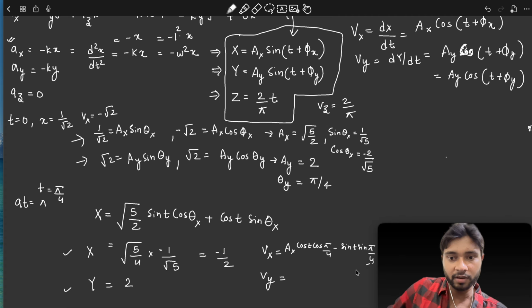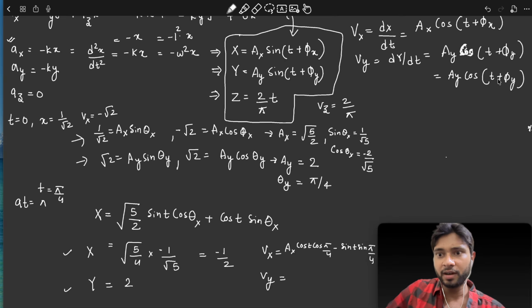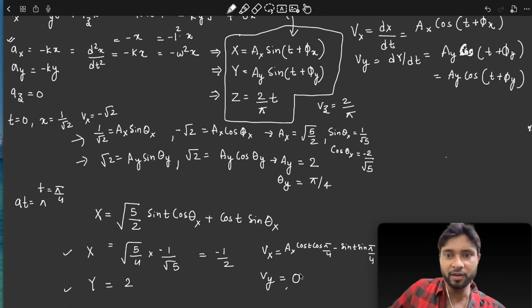This will be our value. And vy, at t equals pi by 4, phi y we know, which is pi by 4, so cos 90 will be 0. So let's not calculate this. Vy will be 0. Okay, pi by 4 plus pi by 4, this will be cos 90, and this turns out to be 0 at t equals pi by 4.